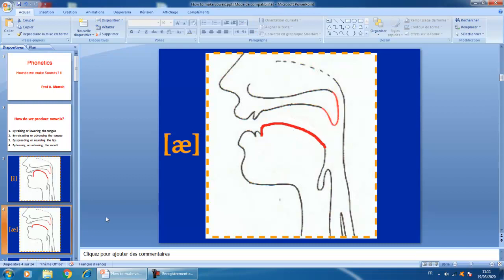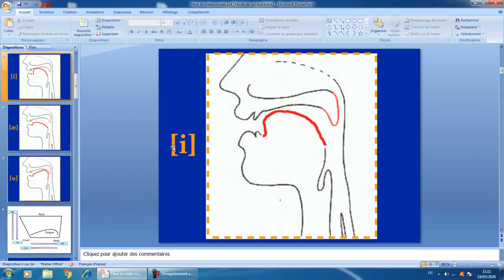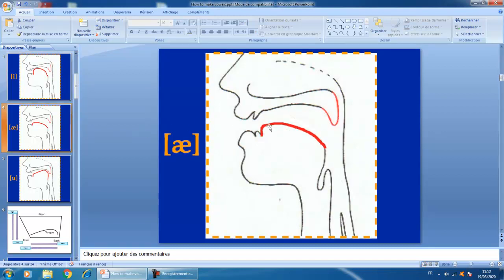So we can talk about E being high because the tongue is raised, and for A, we can say that the mouth is wide open because the tongue is lowered. So there is a difference between the quality of E and the quality of the vowel A. For E, we need to raise the tongue. For A, we need to lower it.